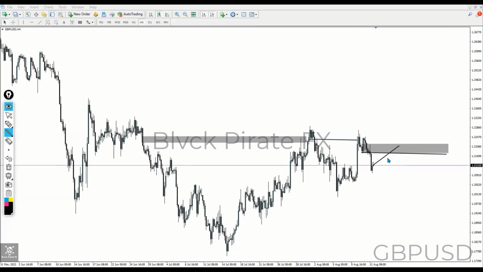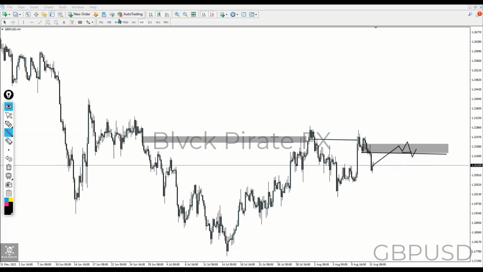This is going to be my sell entry zone, and I will only get into the trade after I witness some form of market structure break on the lower time frame, H1 preferably, and also on this time frame as well. That could do.